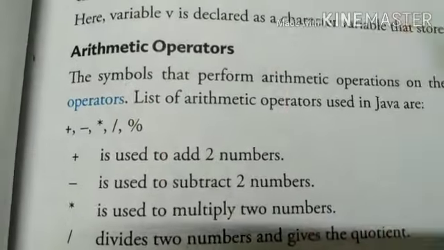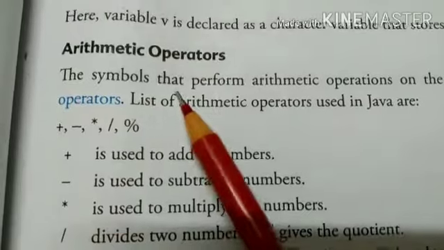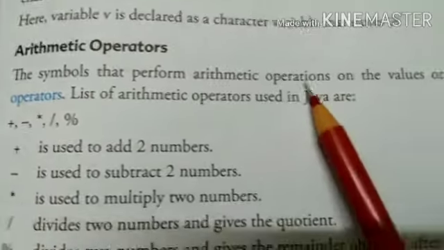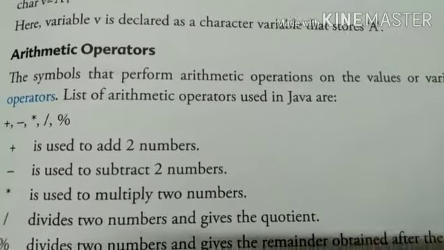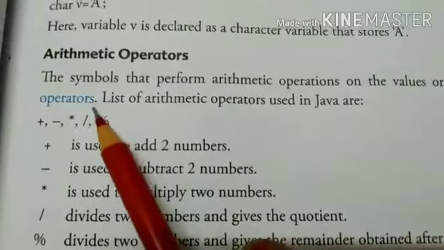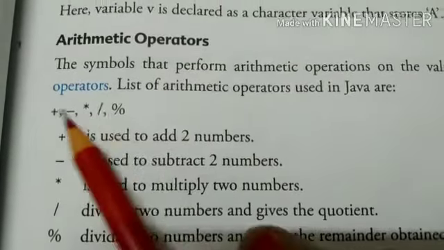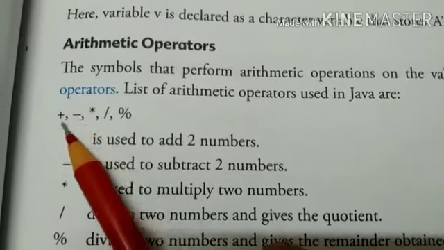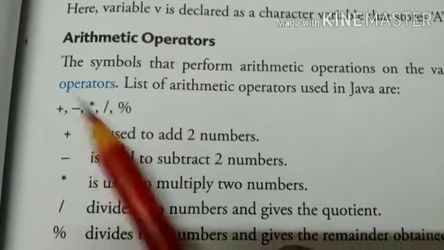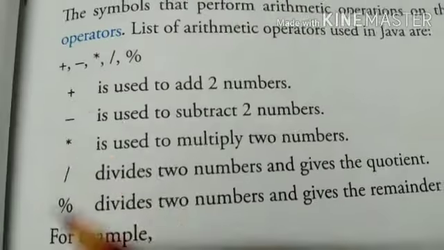Next one is arithmetic operators. The symbols that perform arithmetic operations on values or variables are called arithmetic operators. You can see these are the operators known as arithmetic operators, and we will use them in Java.